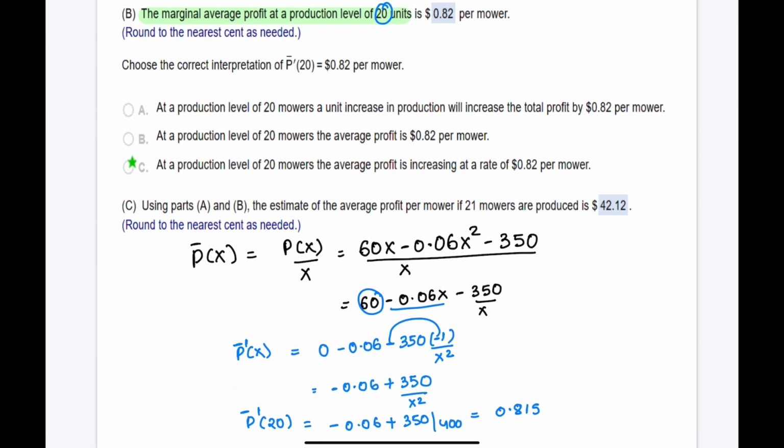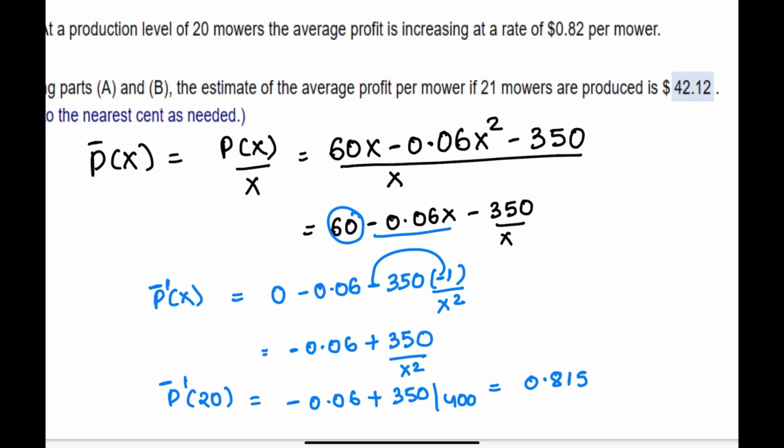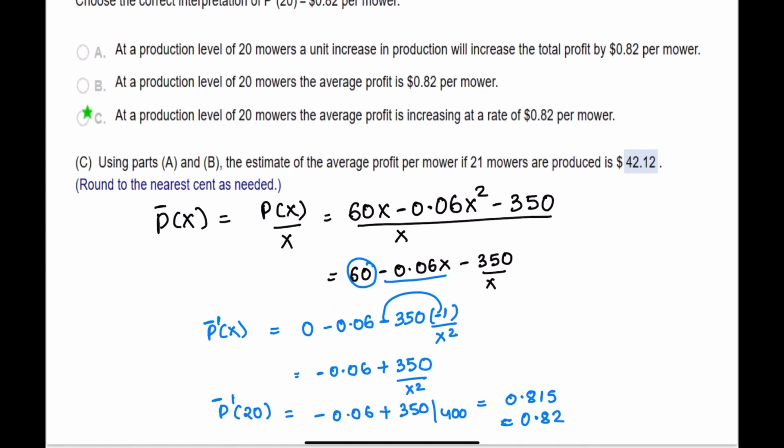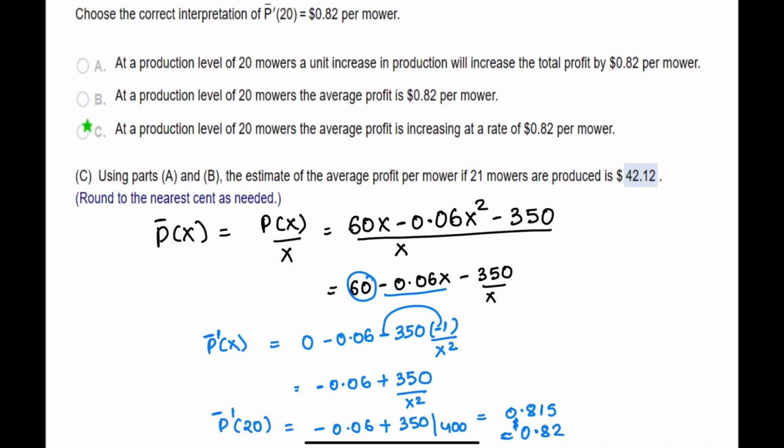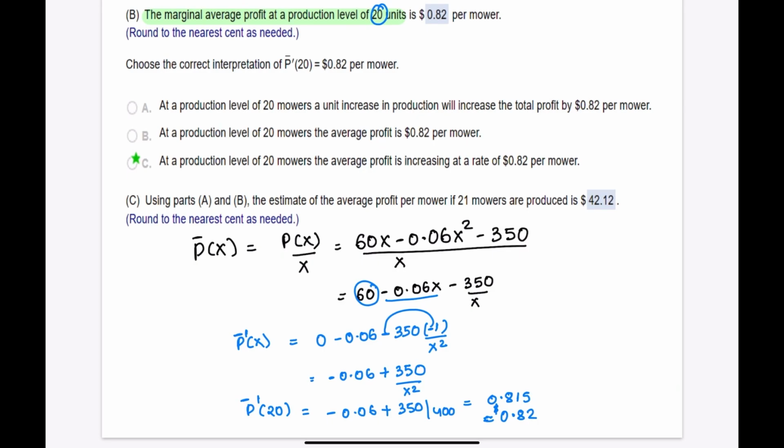But I think they're asking us to round off to the nearest cents. So only 2 decimal places, which is 0.82. And let's see if the answer matches. So it's 82 cents. Yes, the marginal average profit at production level of 20 units is 82 cents per mower.